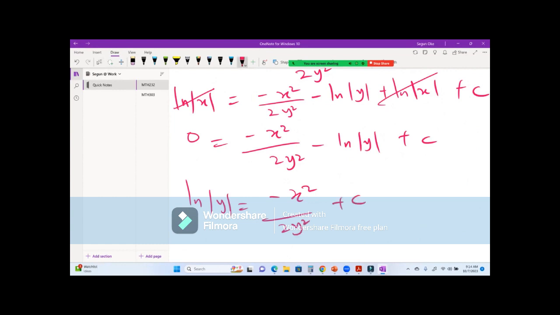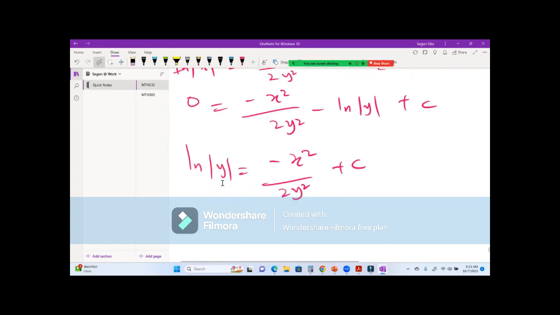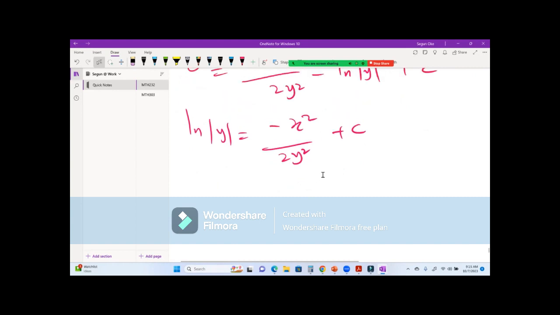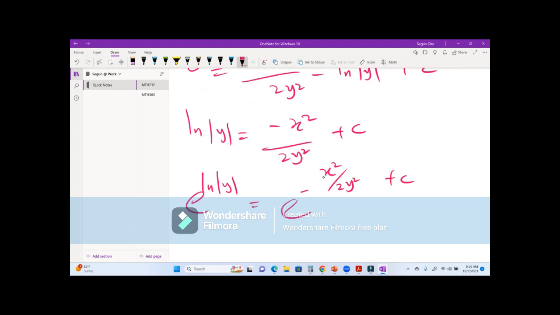Plus c. So the question is, how do we eliminate the ln from this y so that we can get our ordinary value? So we take the exponential of both sides. The exponent of both sides, you have this equal to exponent of minus x squared over 2y squared plus c. So at the end of the day, the exponential will cancel the ln.